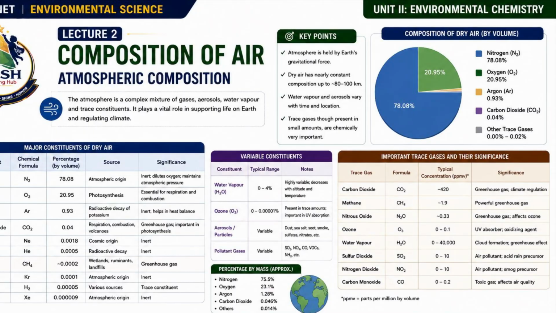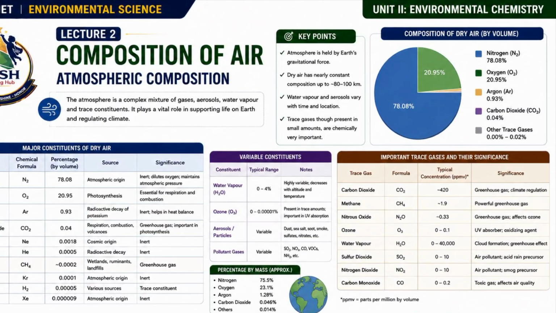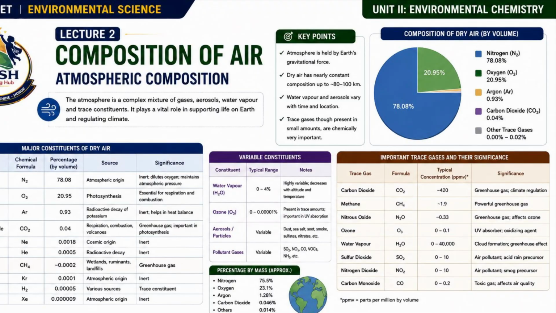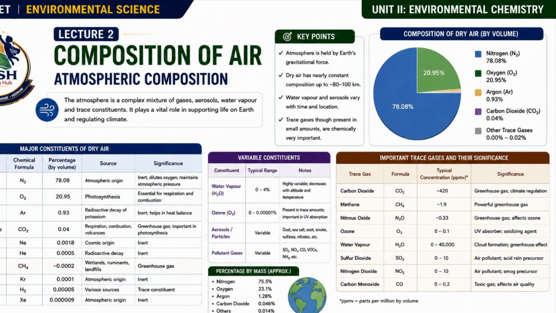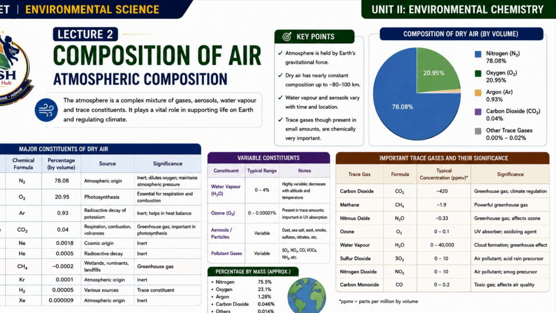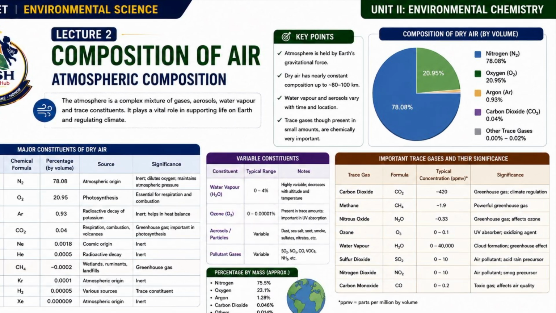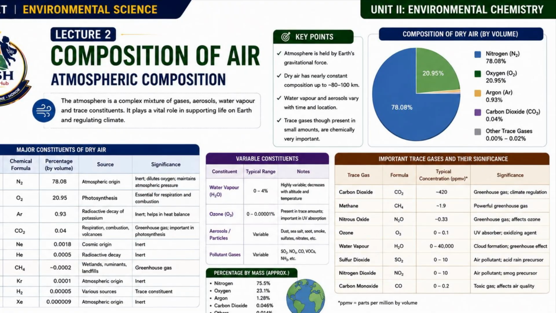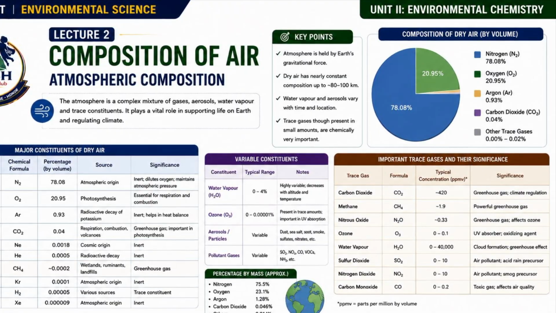Trace gases such as methane, ozone, nitrous oxide, sulfur dioxide, and nitrogen dioxide are present in small amounts but have enormous environmental significance. Understanding atmospheric composition provides the foundation for studying atmospheric particles, ions, radicals, ozone chemistry, and air pollution processes.